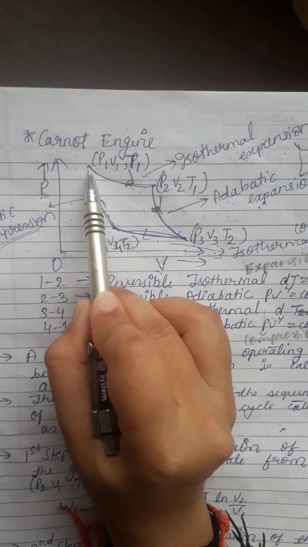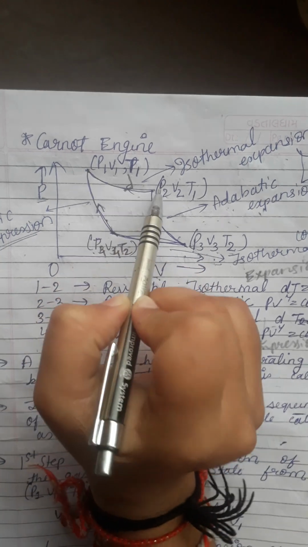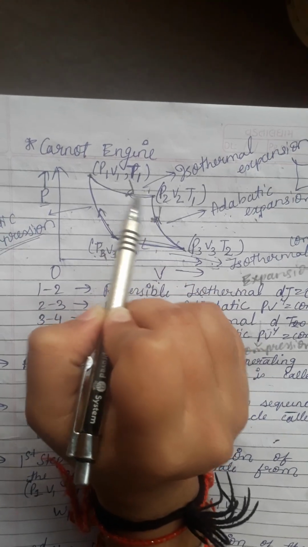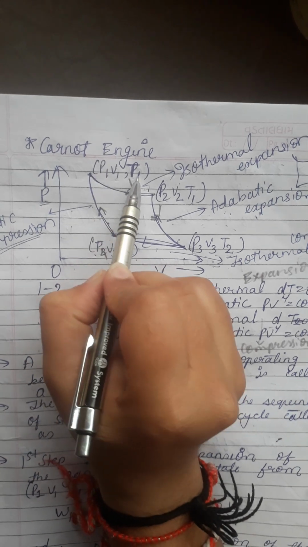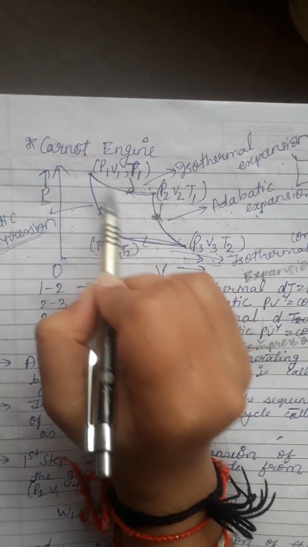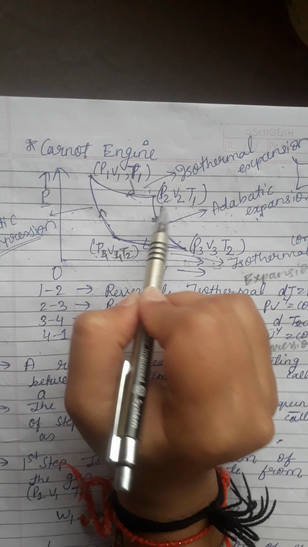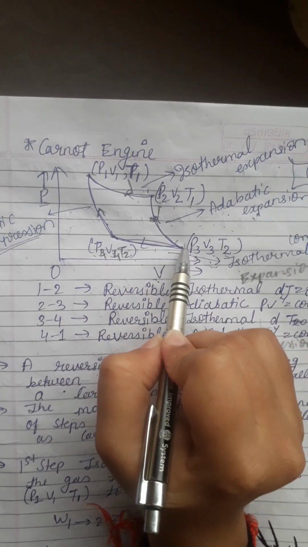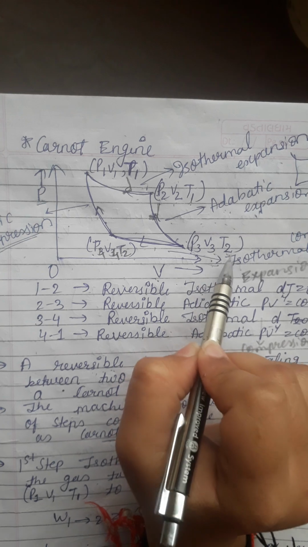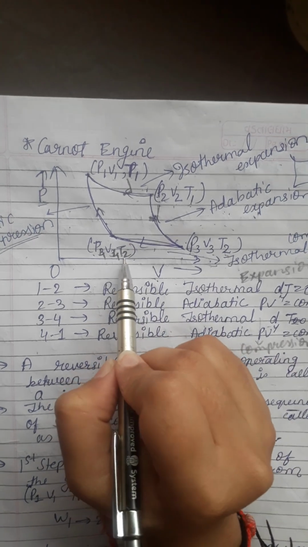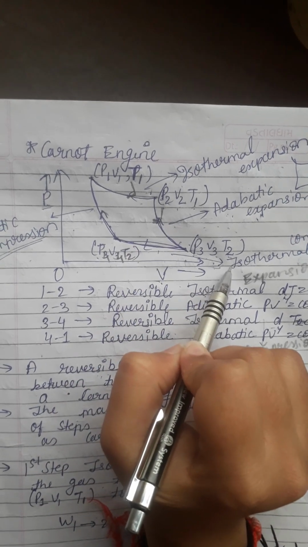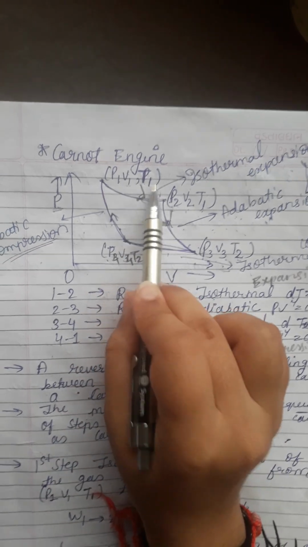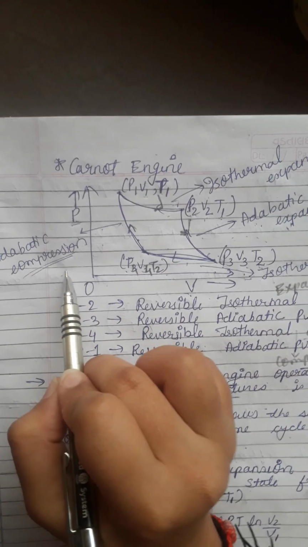The first step goes from up to down, which is isothermal expansion: P1 V1 T1 to P2 V2 T1. P2 V2 T1 to P3 V3 T2 is adiabatic expansion. P3 V3 T2 to P4 V4 T2 is isothermal compression. And P4 V4 T2 to P1 V1 T1 is adiabatic compression.